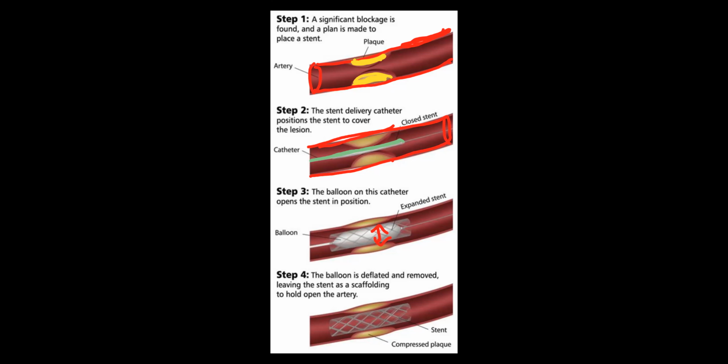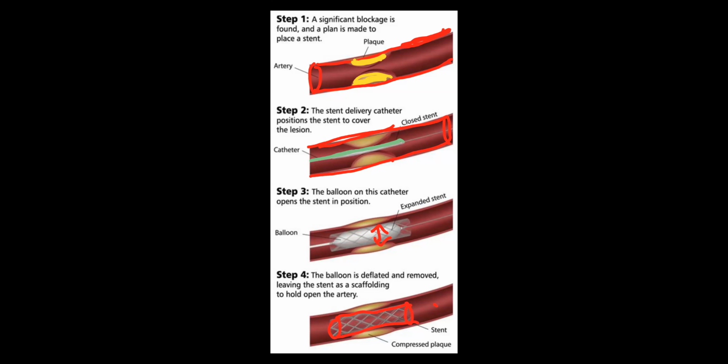And around the balloon, one metallic net, which is called a stent, is inserted. So along with the balloon, that stent is brought into that position. और वहां पे inflate होगा balloon, तो stent भी inflate होगा, expand होगा, और वो fit हो जाएगा वहां पे. और जैसे ही वो फिट हो गया, बलून को वापस डिफ्लेट कर लेते हैं और कैथेटर और बलून को रिट्रैक्ट कर लेंगे. And what will be left behind over there? This stent. ये एक मेटालिक स्टेंट है.